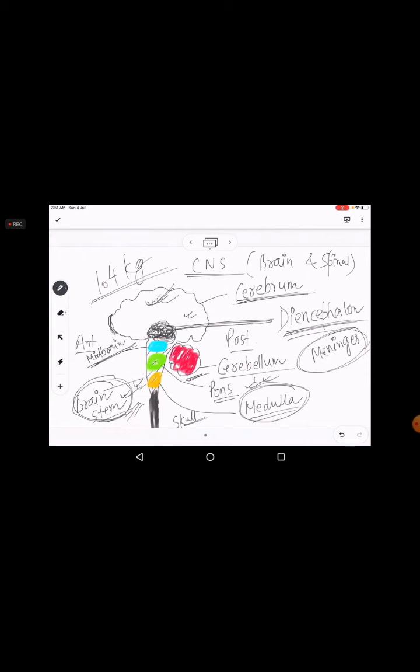But those bones and our brain and spine are not in direct contact. Suppose this is your forehead, a bony structure, and inside it your brain is there. The skull and brain are not in contact.